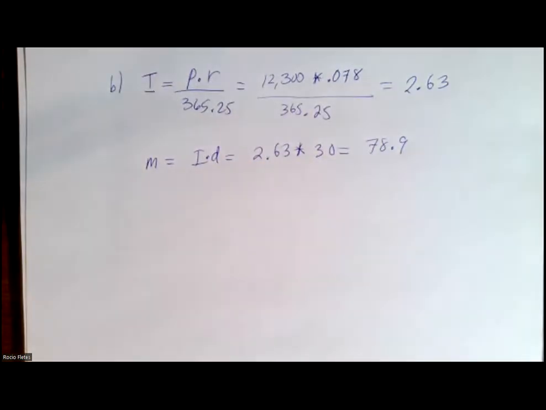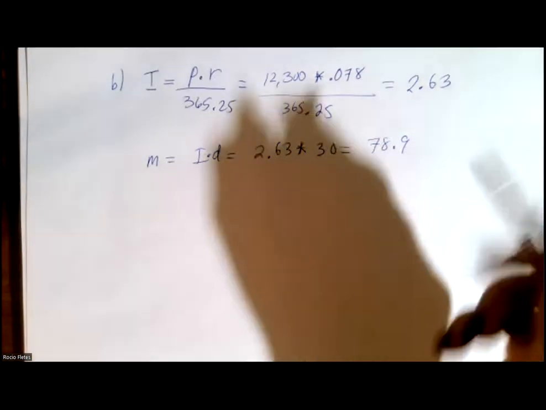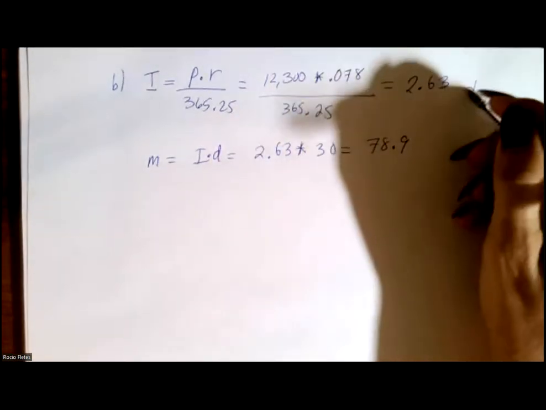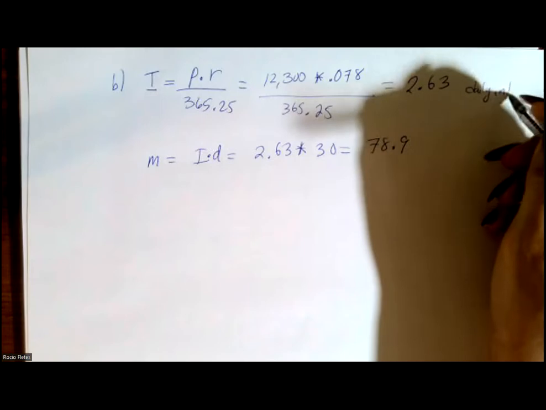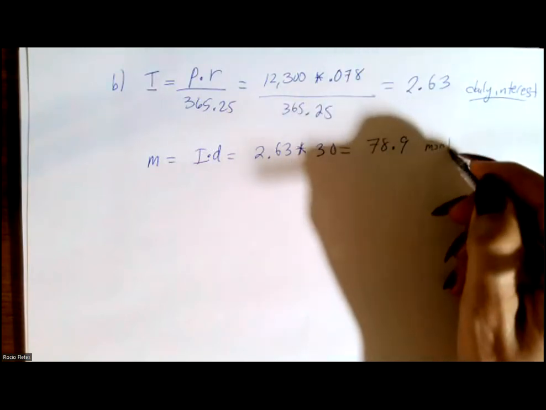And then this one has been around for 31 months, right? Because we subtracted the 24 months, because remember, the second loan has only been around for 31 months. So we have the monthly interest.